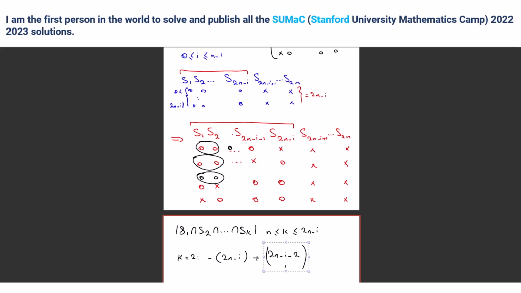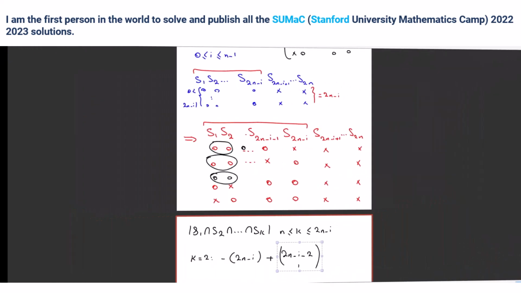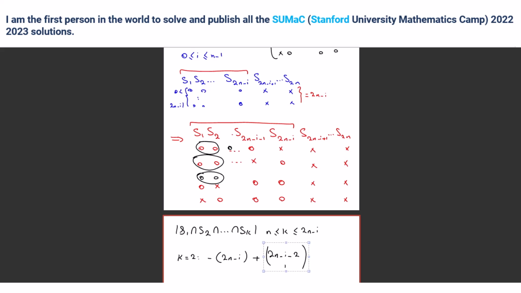Understand? Why is it choose one? Because, look, we have one cross in this interval. This cross should be from S3 to S2n minus I. Okay, so one cross.